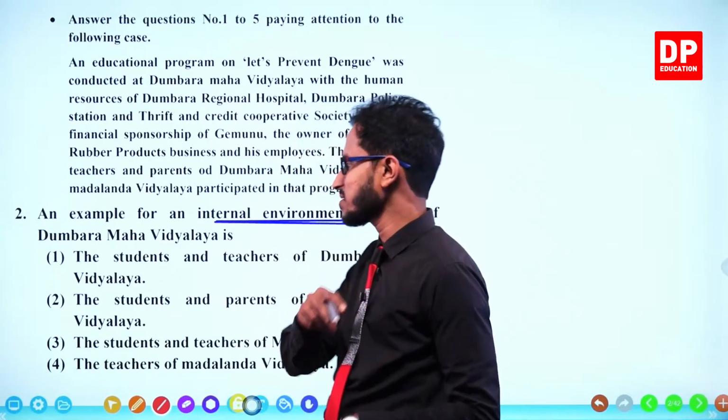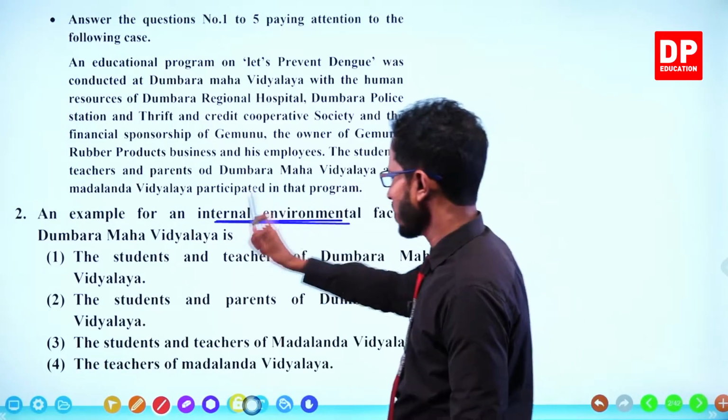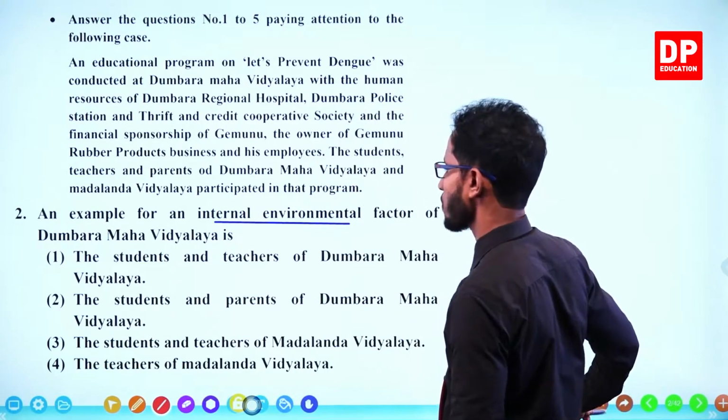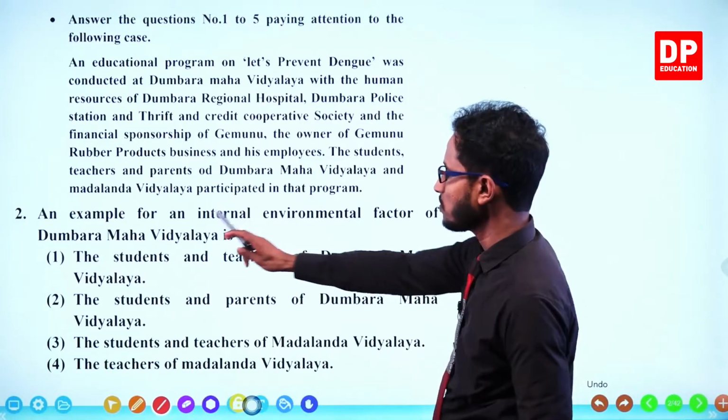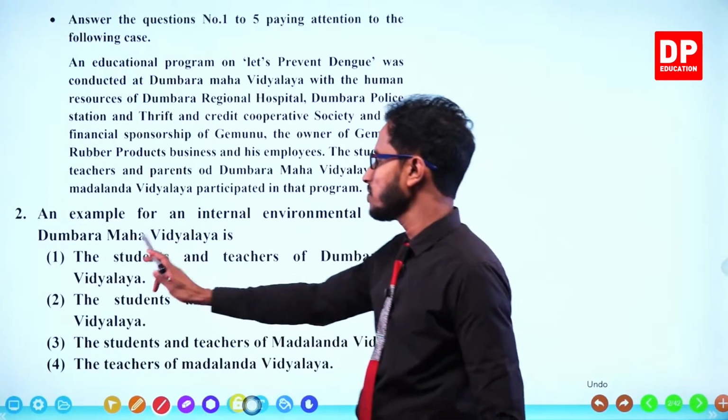They are asking for an example for an internal environmental factor of Dumbra Mahavidyalaya.